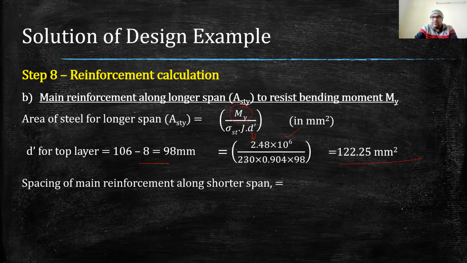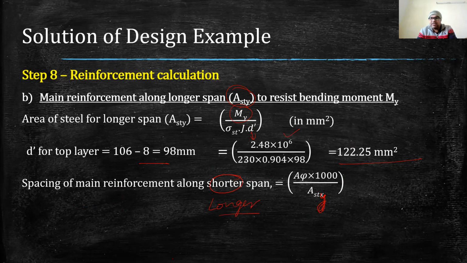Now spacing of main reinforcement, again, as we have done before. Sorry, it should be the longer span, because we are providing ASTY along the longer span. So we will calculate spacing using the same formula, but here it will be ASTY, not ASTX.